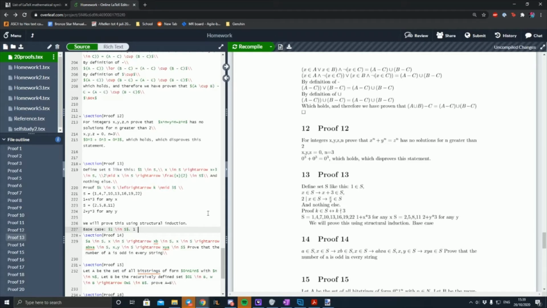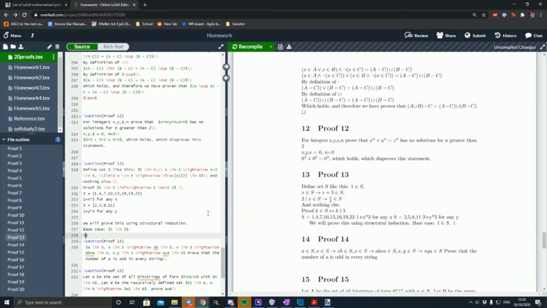Well, 1 is not divisible by 3, or 3 does not divide 1. I think I'm messing up the order here. Sorry guys, give me a sec.